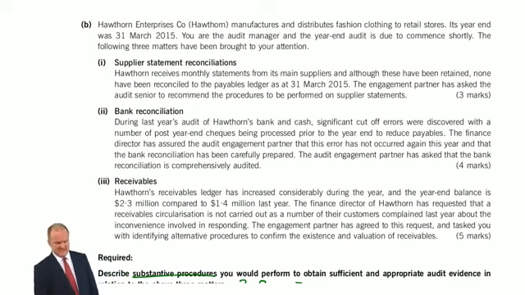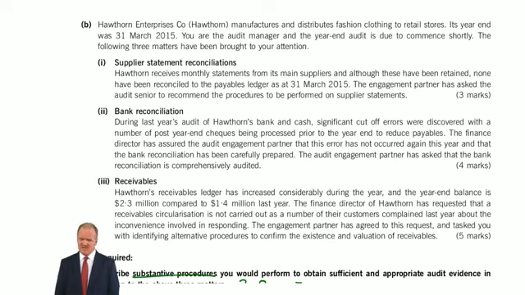Bank reconciliation. During last year's audit of Hawthorns Bank and Cash, significant cut-off errors were discovered, with a number of post-year-end checks being processed prior to the year-end to reduce payables. Ah, that old trick. You write the cheque and then you put it in the cash book that it's been paid.